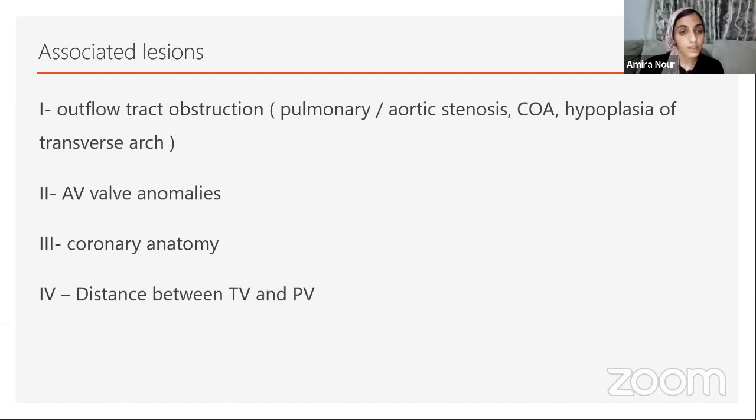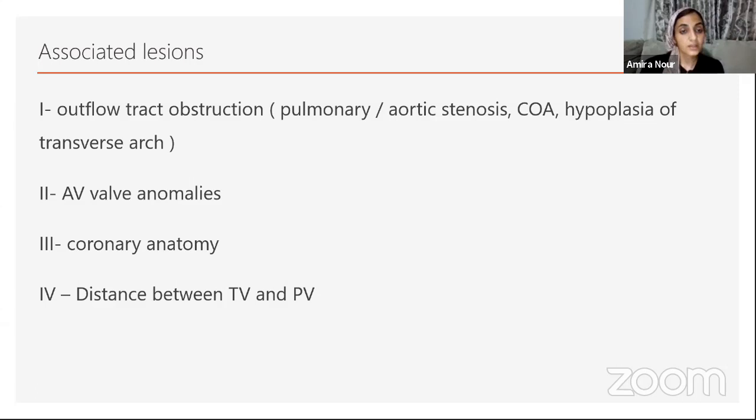Another associated lesion we could identify is AV valve anomalies in the form of overriding or straddling mitral valve or overriding or straddling tricuspid valve. Very rarely we can see patients with DORV and mitral valve atresia. So these can be associated anomalies.